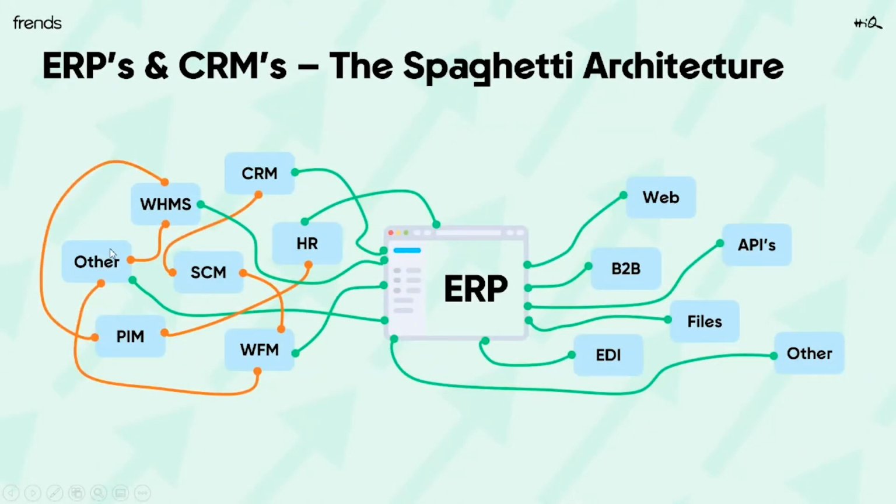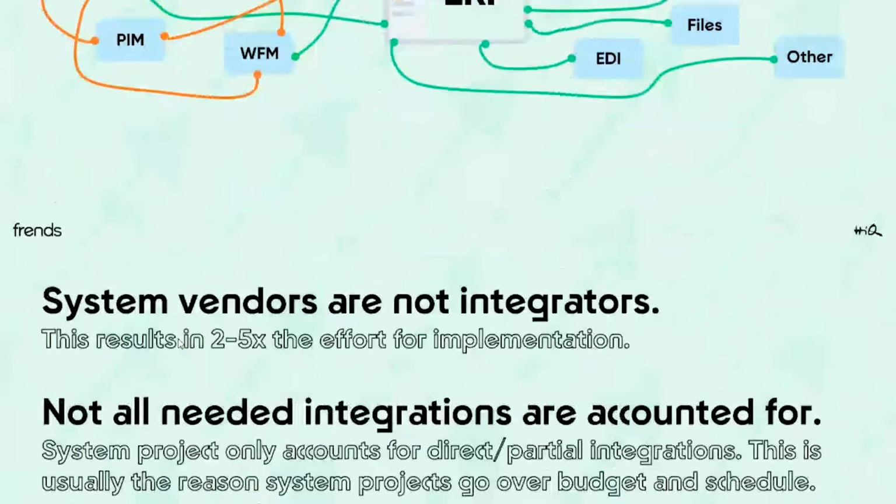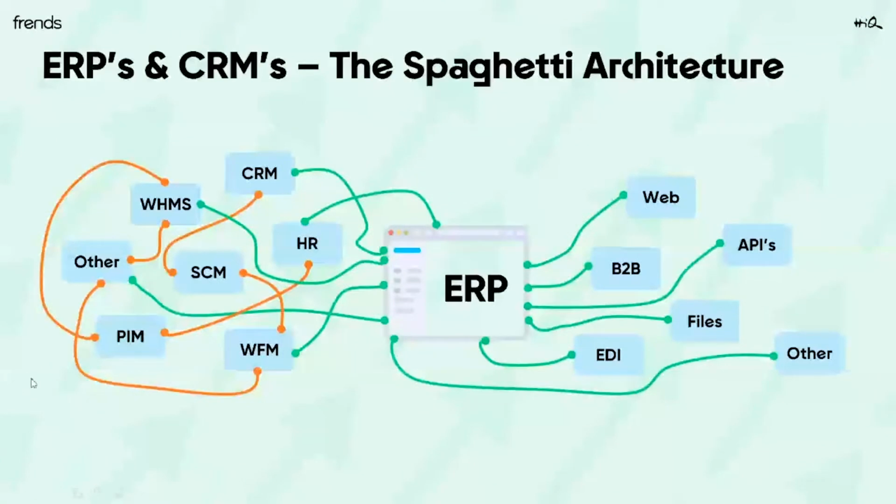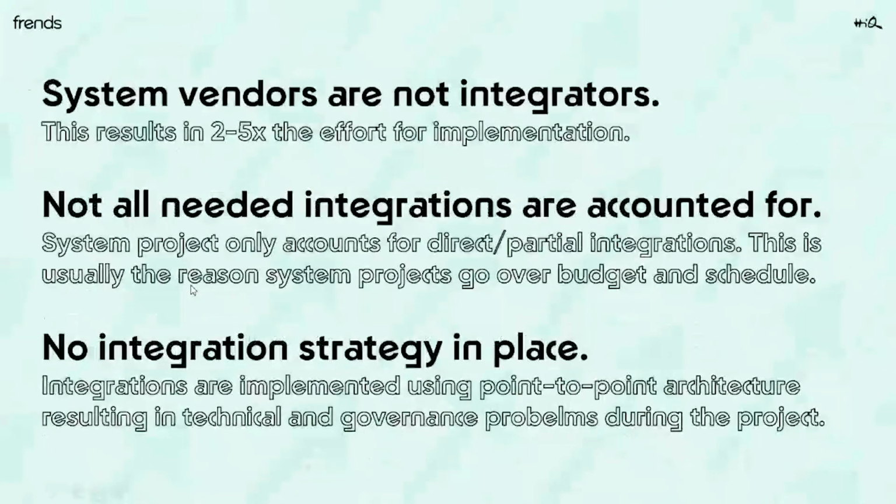But what that also means is that they are usually accounting only for the direct dependencies towards the ERP, and like I said, not for the other stuff that also has an effect and a dependency towards that ERP. And usually that's the main reason that it's a common joke even in the IT scene that ERP projects never go according to budget and they're never on time.